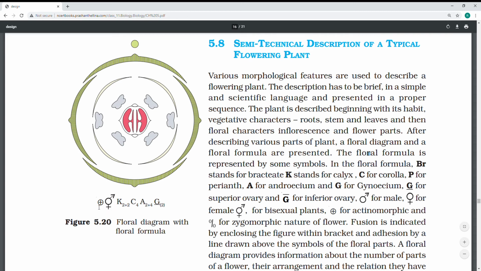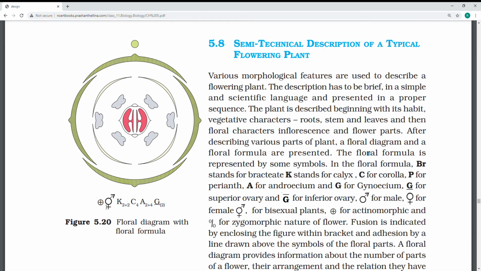Generally that is actinomorphic or zygomorphic, depending on the flower arrangement. Second, bisexual: if it is a male, the top arrow symbol will be there; for a female unisexual flower, one symbol will come; for bisexual, two symbols will come. Here it is shown as bisexual.